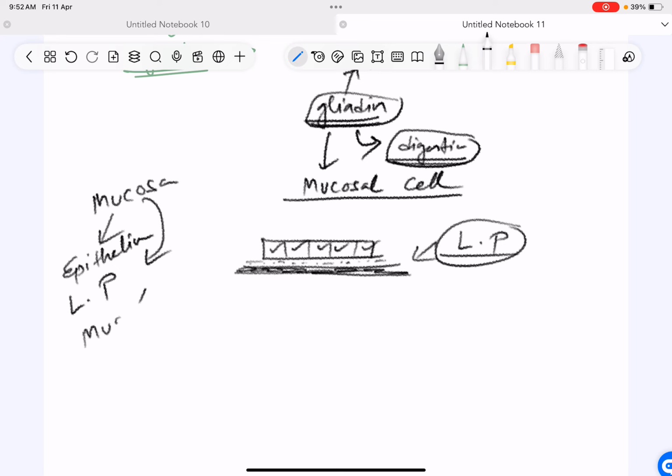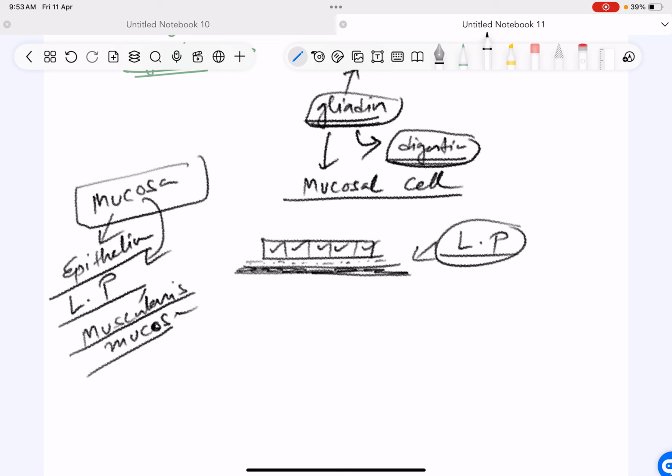So epithelium, lamina propria and muscularis mucosa together form the mucosa.